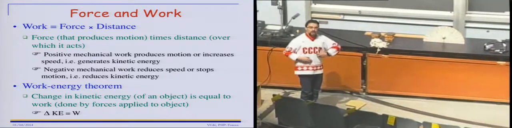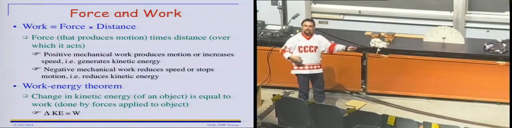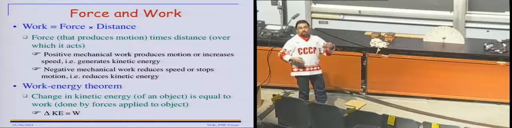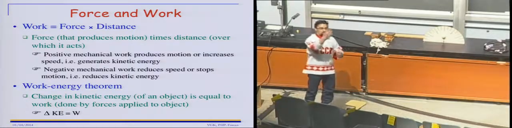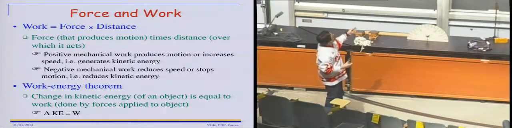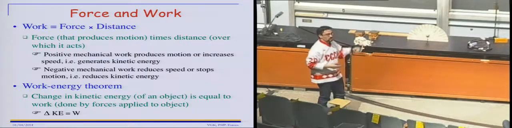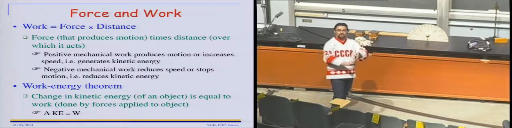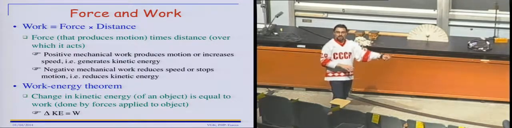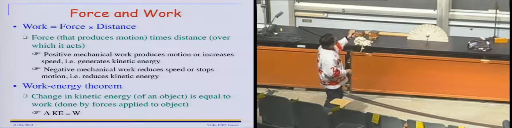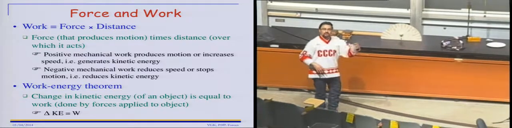So in order to change my energy, in order to increase the energy or to decrease the energy, I have to perform mechanical work. This is something that is used in refrigerators, for instance. This is something that your brakes do when you're trying to reduce your speed to come to a complete stop. The work in physical units is the amount of force multiplied by the distance over which it's applied.